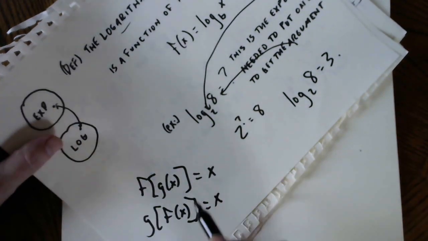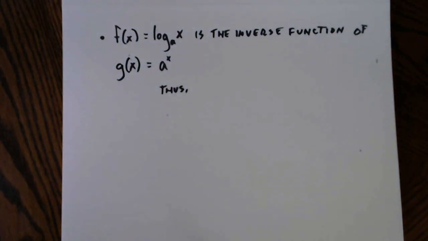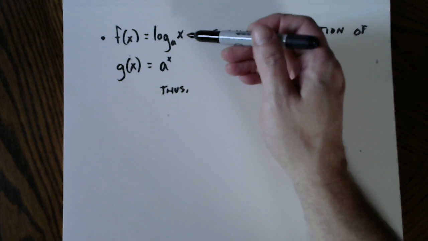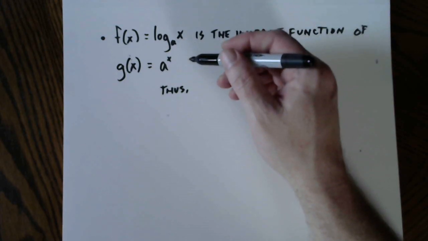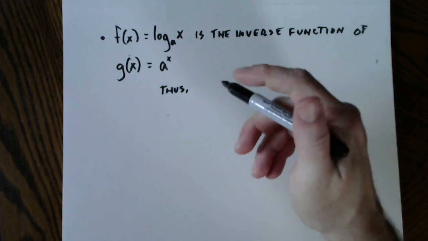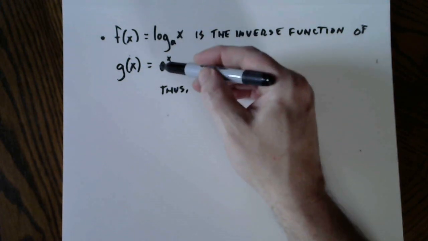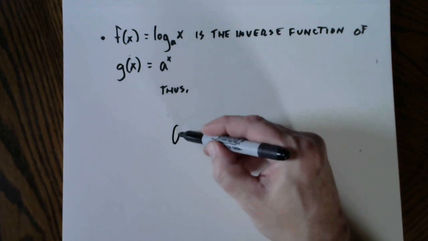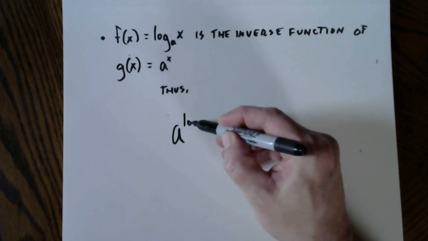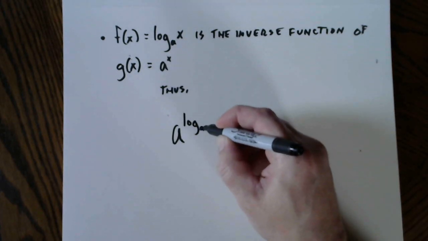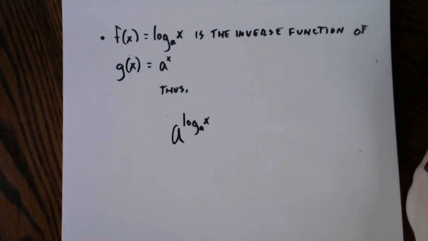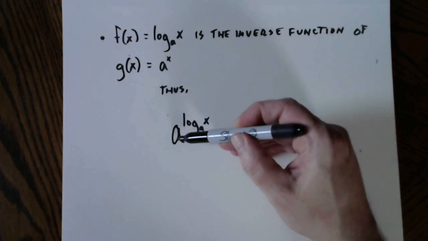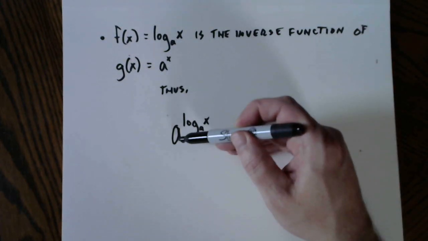So remember that from last week. So in other words, if I compose these, they're going to result in x. Let's put this one in this one, f of g. Well, that looks like a to the log base a of x. So this is a to the exponent that I need to put on a to get x.